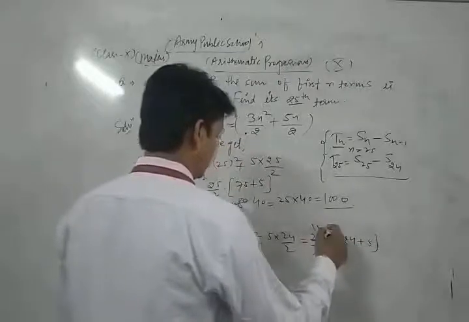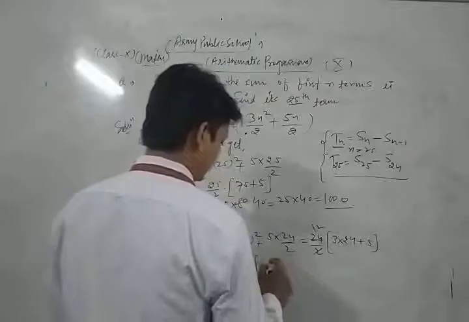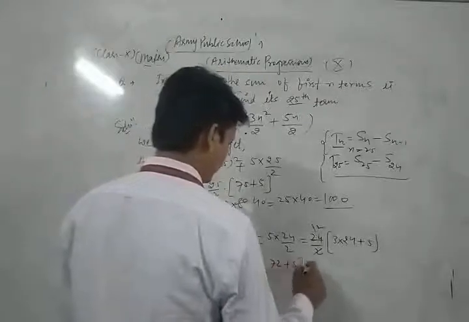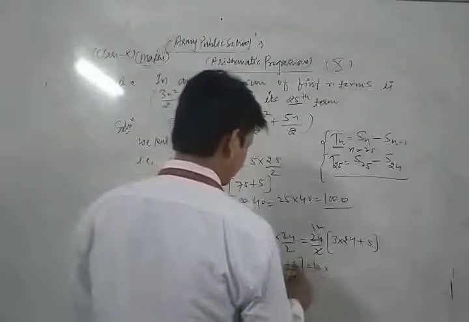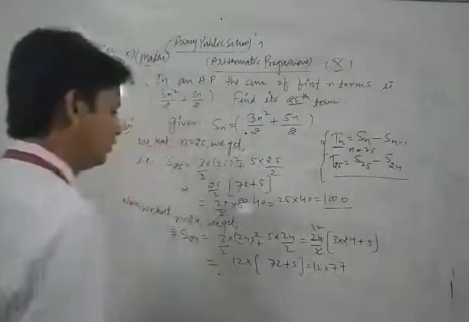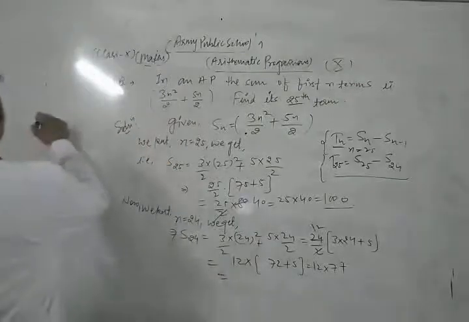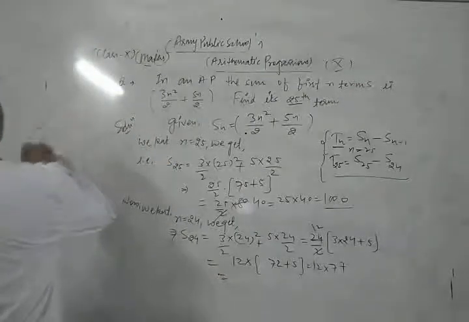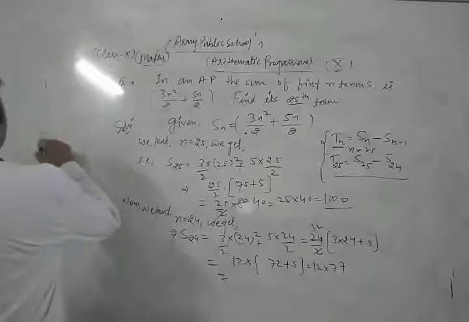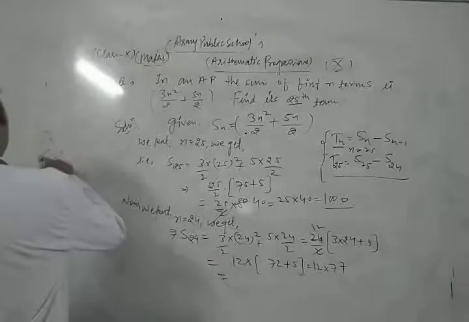So here this is 12, so 12 into 72 plus 5, that is 12 into 77. Now we multiply 12 into 77.